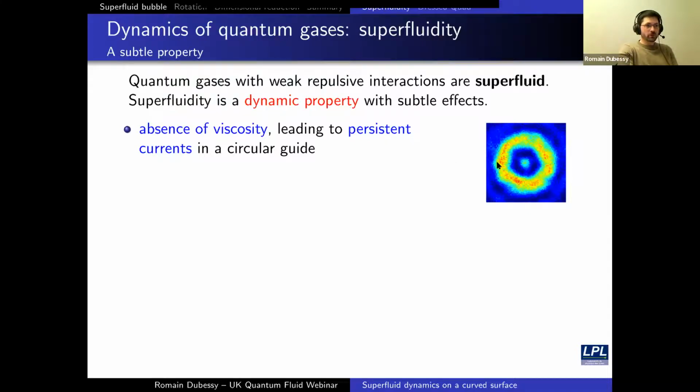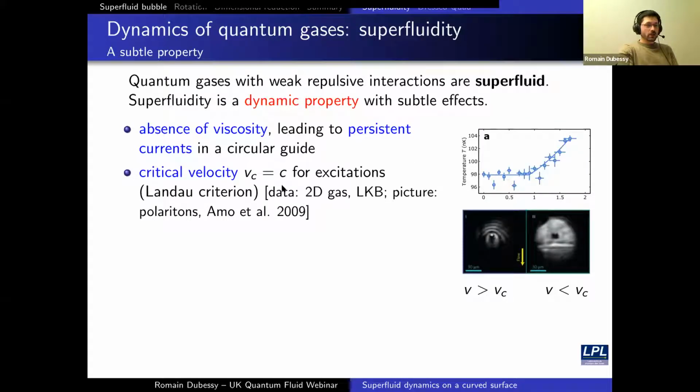If you trap atoms in a circular atomic waveguide, so a trap that has the shape of a ring, you can induce circulation, a current, an atomic flow in this system, and you can observe an atomic flow persisting for a very long time, in analogy with persistent current in superconductivity, for example. Then you can directly measure the existence of a critical velocity to create excitation in the superfluid. There are many experiments having measured that feature, but I show two examples.